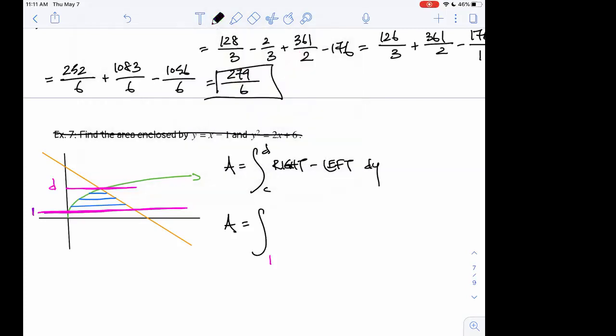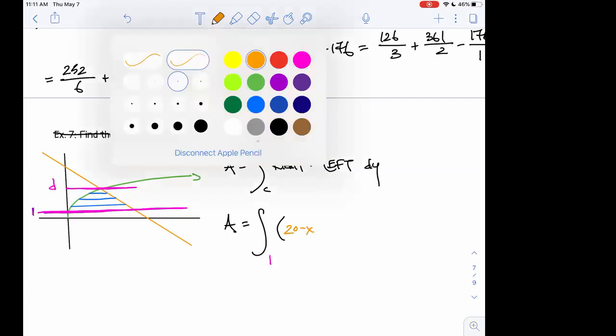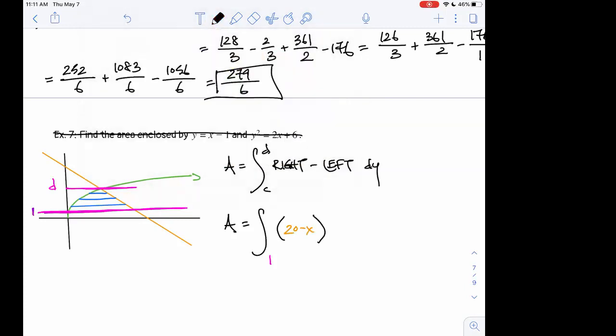Now the right curve here is the orange one. And the left curve here is the green one. But the way I put them into the equation, that's not correct.